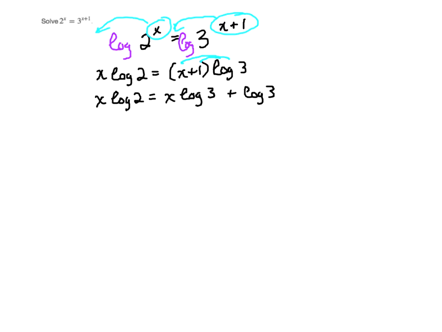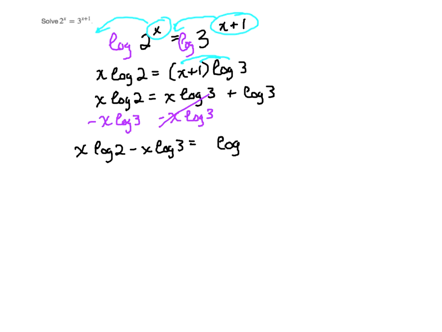Need to get my x terms on the same side, so I'm going to subtract x log 3 from both sides. And I'm left with x log 2 minus x log 3 equals the log of 3. Factor out my x.